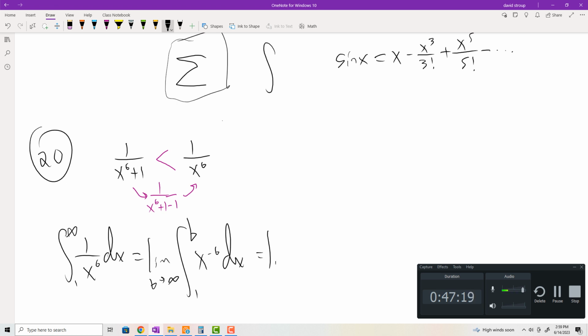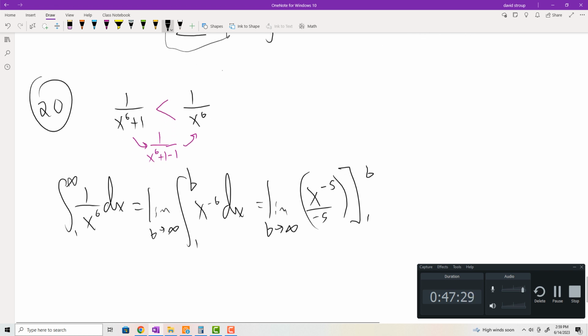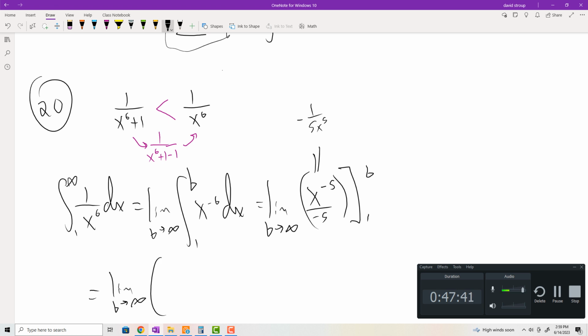And then that will equal the limit as b goes to infinity of x to the negative 5 over negative 5, evaluated from 1 to b. This thing is equal to negative 1 all over 5x to the 5th. So I'll have negative 1 over 5b to the 5th plus 1 over 5, and so that will just equal 1/5, so it's convergent.